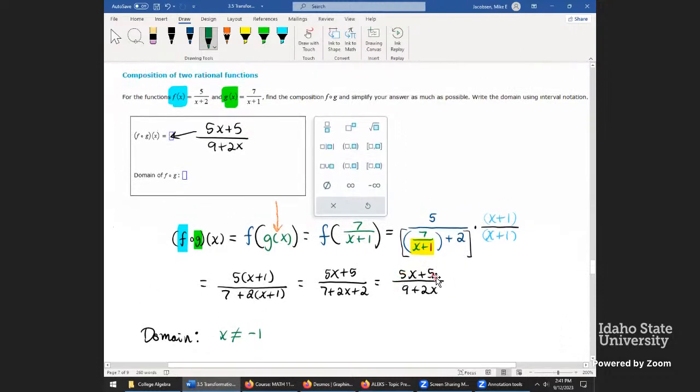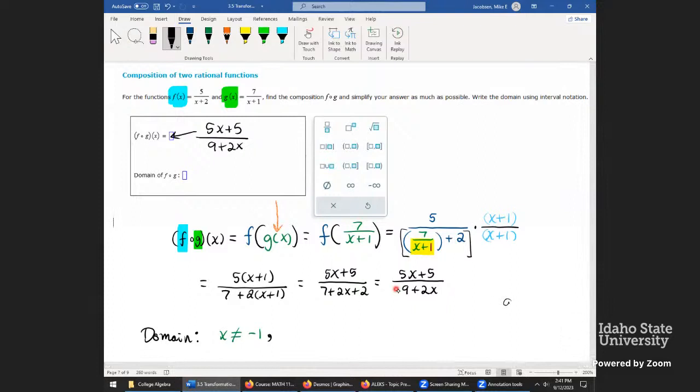Now we have to look at this one. I'll keep this in black. And here's the second matter. We couldn't put a value of x that caused 0 down in there, but we also can't put a value of x inside g such that we run through the whole composition and end up right here in the answer. You can't divide by 0 here either.